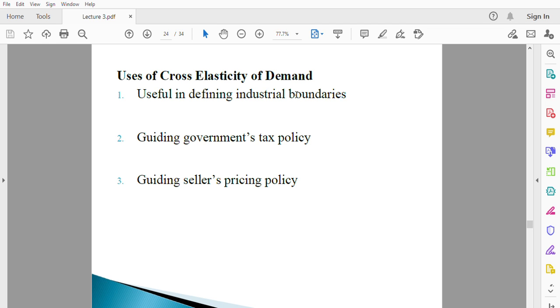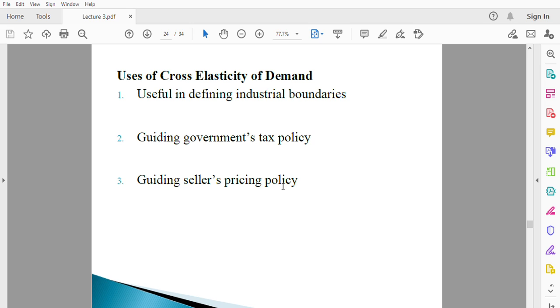And the last one is it guides the seller in pricing policy. Some sellers normally engage in something called price war. A price war is a strategy normally used. For instance, if you are producing a substitute of a commodity, you may want to reduce your price because you know that the moment you reduce your price, the consumers of that particular commodity will shift to you.